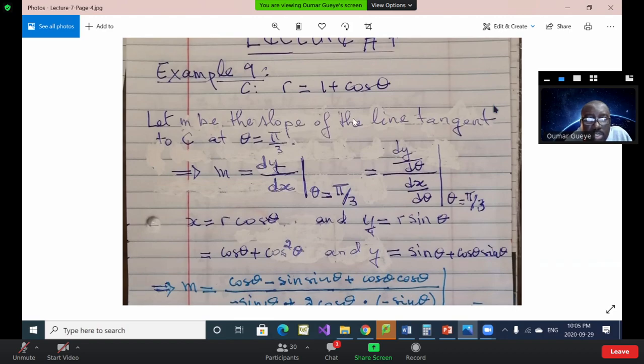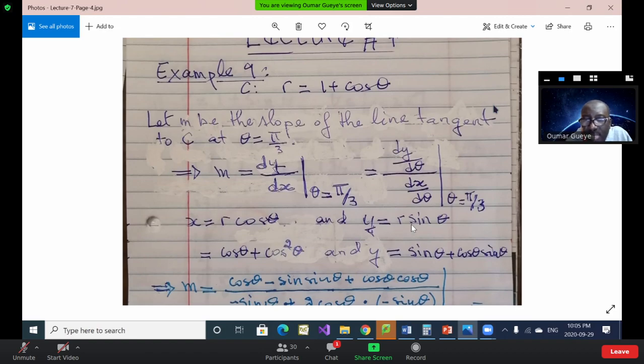By doing so, you multiply with cosine. So you put r inside a bracket, r equal to 1 plus cosine, you multiply with cosine. So we'll get cosine theta plus cosine squared. As you can see, cosine theta times 1 gives you the first term, and cosine theta times cosine theta gives us the second term.